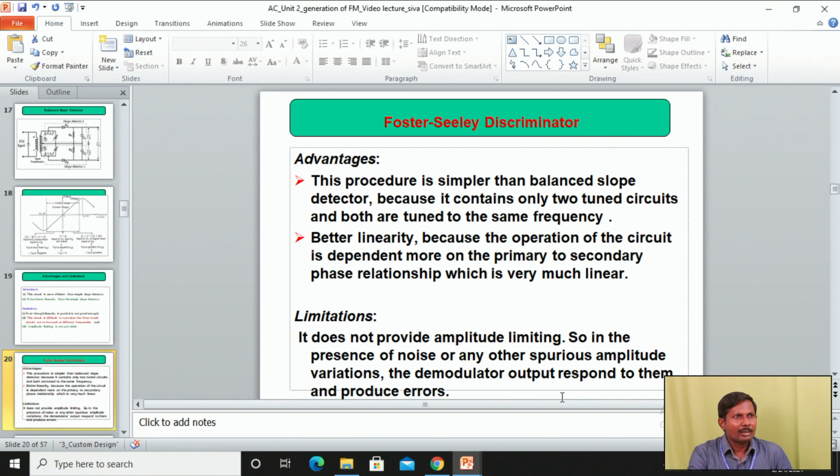Next, limitations: it does not provide amplitude limiting, so in the presence of noise or any other spurious amplitude variation, the demodulator output responds to it and produces error.